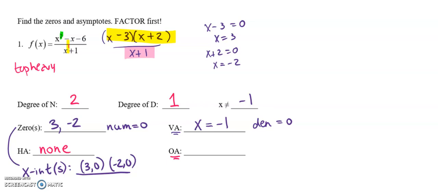Okay, so how about this oblique asymptote? We have to do the long division, and hopefully you remember that from last year. X plus 1 divided into the x squared minus x minus 6. So x times what will give us x squared? X times x will give us x squared.